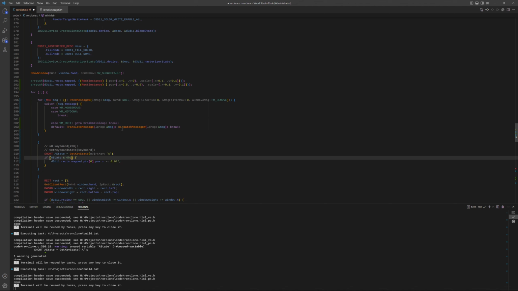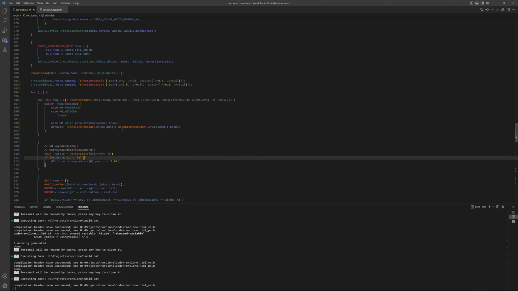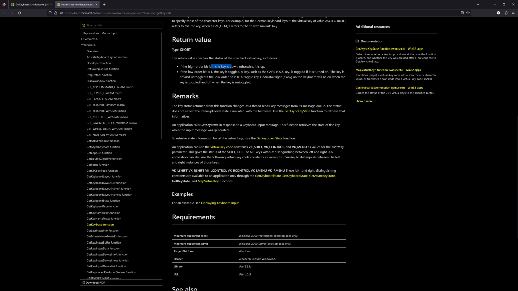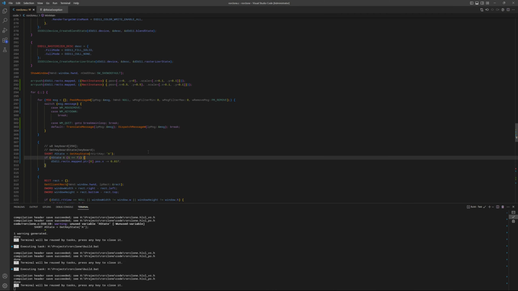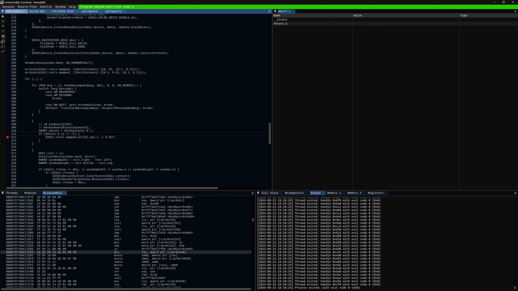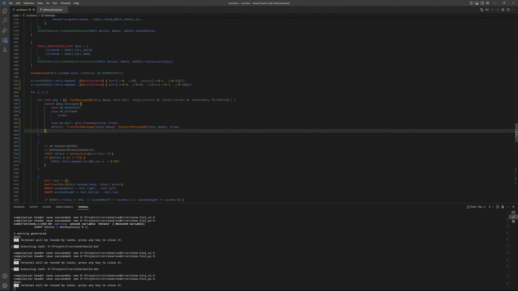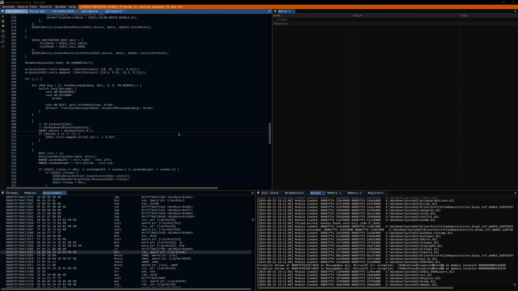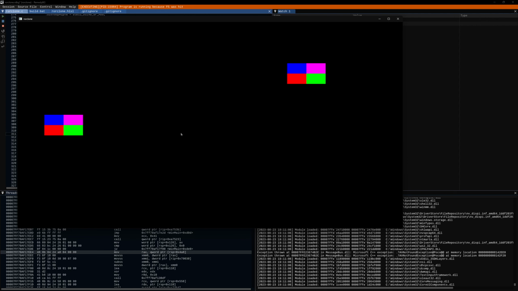Since it's 1 shifted up by 7, I guess, so that's the high order. If that's supposed to signify that it's down, then yes, it does.